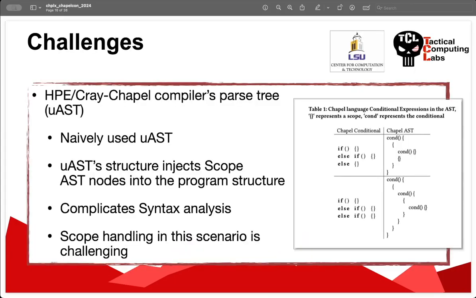Challenges. Chapel's compiler parse tree is called a micro AST. We naively used it, and towards the end of our study, we found out that the micro AST injects scope and AST nodes into the program structure. As an example, look at the if, the else if, and the else clause on the left. In the picture to the right of the slide, on the other side, you'll see what the AST looks like.